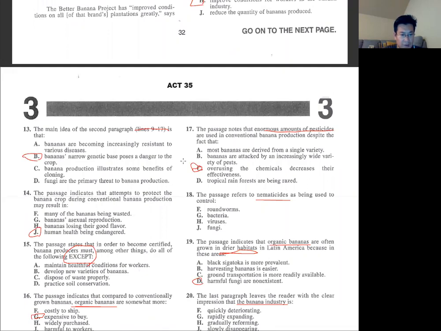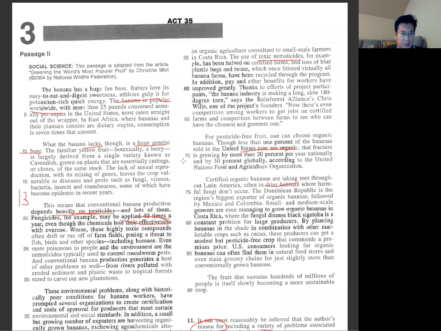Anyway, this particular part is more about how the uses have been halved on certified farms, which means it is something positive, right? And also, it talks about plastic bags and twine. Virtually all the banana farm plastic has been recycled through the program. Pay and benefits of workers have improved greatly thanks to this.